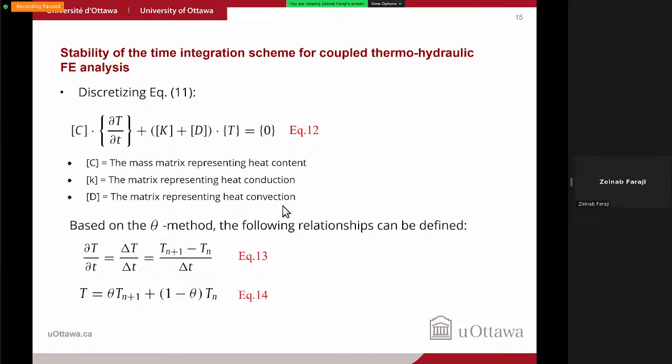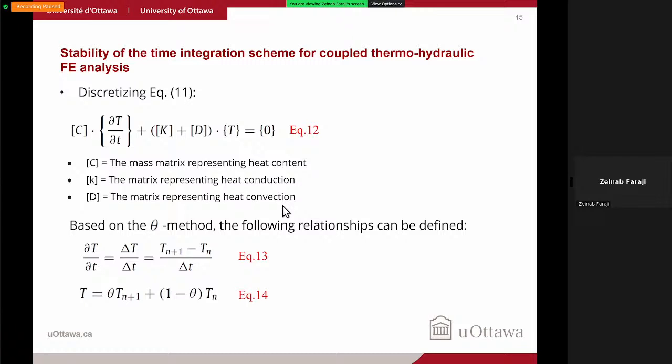Using the Galerkin finite element method to discretize equation number 9, the heat transfer equation leads to equation number 12. In this equation, C is the mass matrix, which represents heat content, K is heat conduction, and D is heat convection.